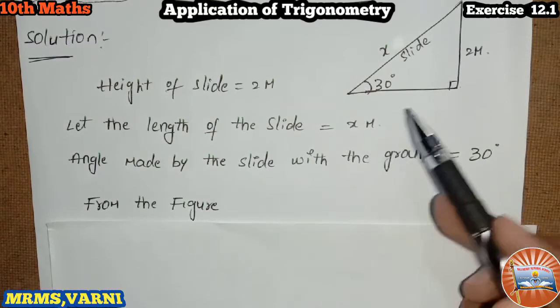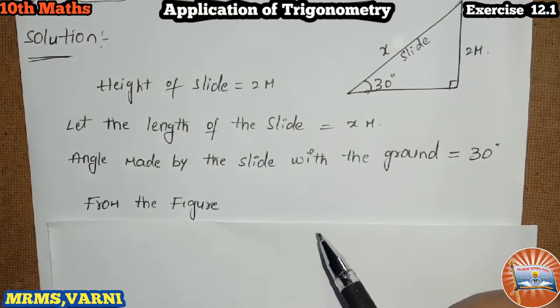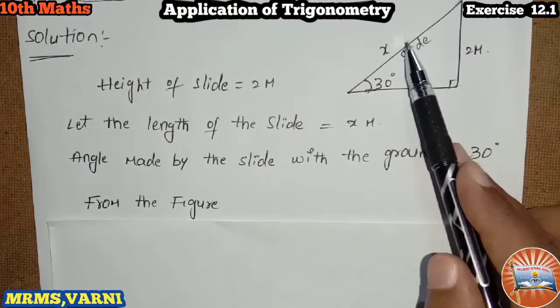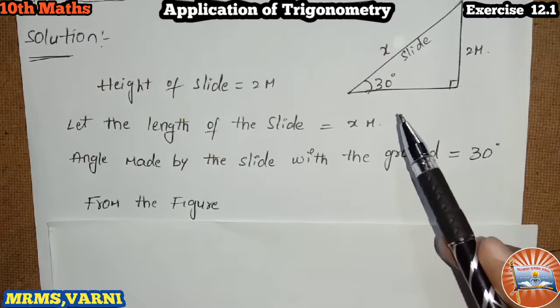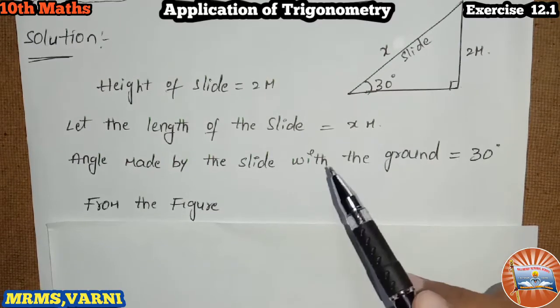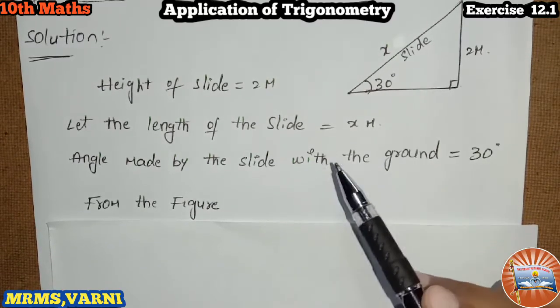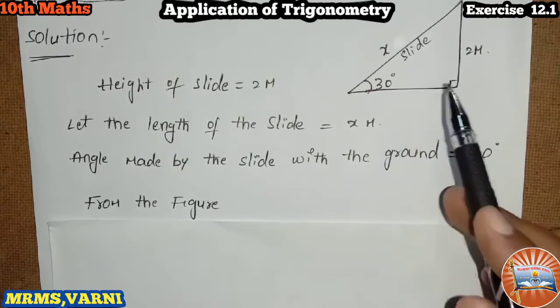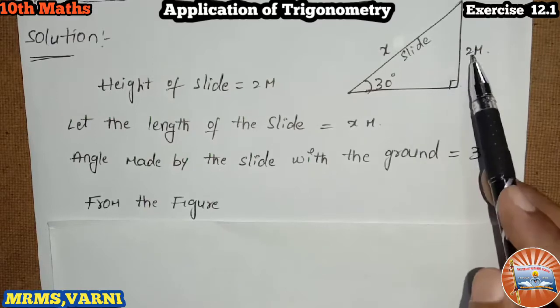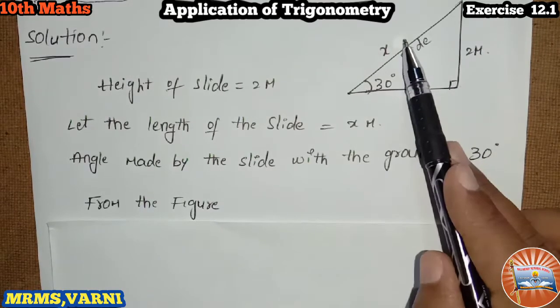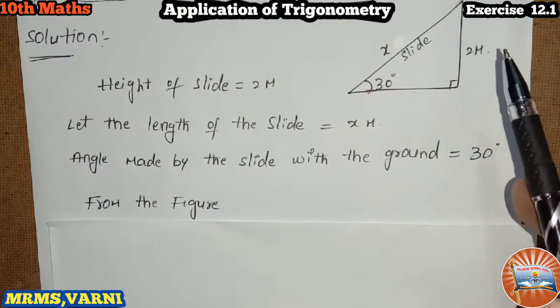In which trigonometric ratio are the opposite side and hypotenuse involved? We know sin theta, cos theta, tan theta, cot theta, cosec theta and sec theta. Out of these, in sin theta and cosec theta, the opposite side and hypotenuse ratio is involved.